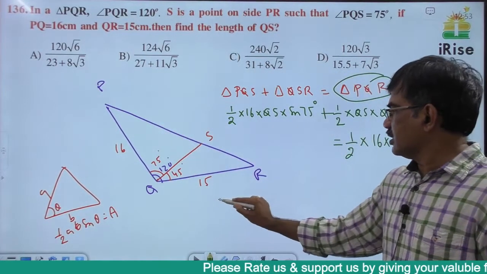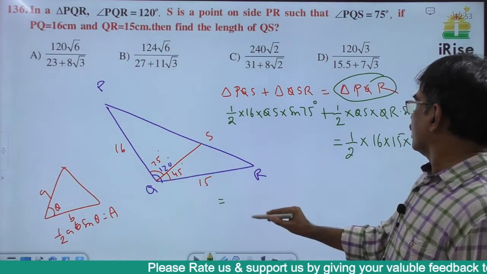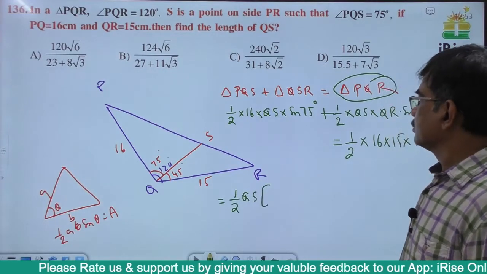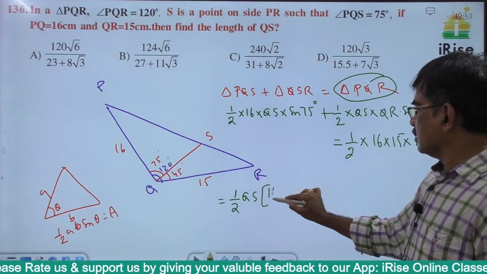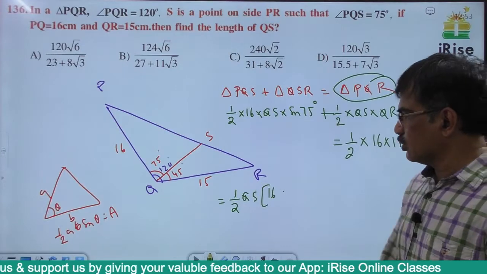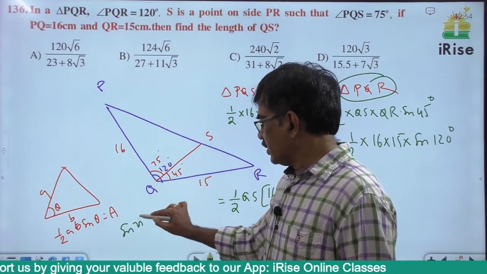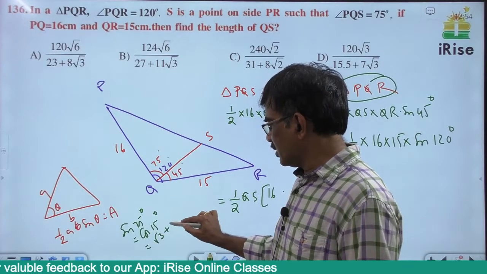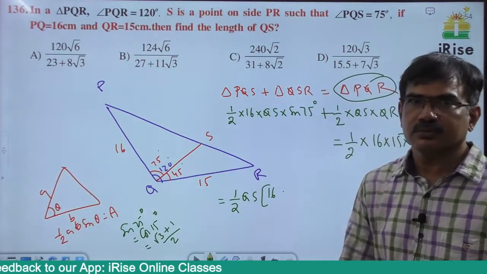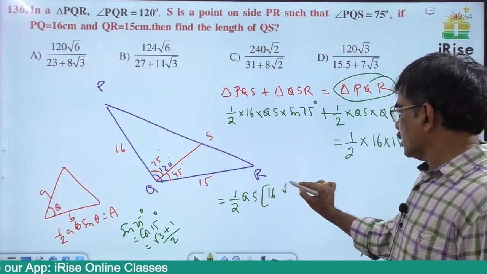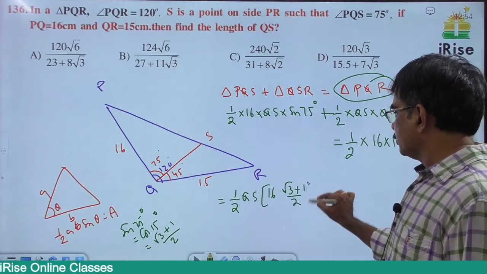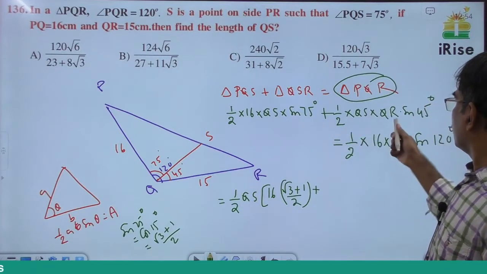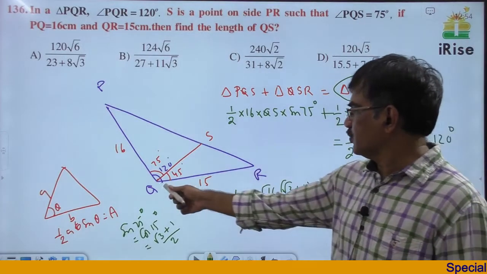So in all this, I want to take half QS common. This is 16. Sin 75 degrees is equal to cos 15 degrees, which is equal to root 3 plus 1 by 2 root 2 is the formula. Plus half QS common, QR, what is QR? 15.